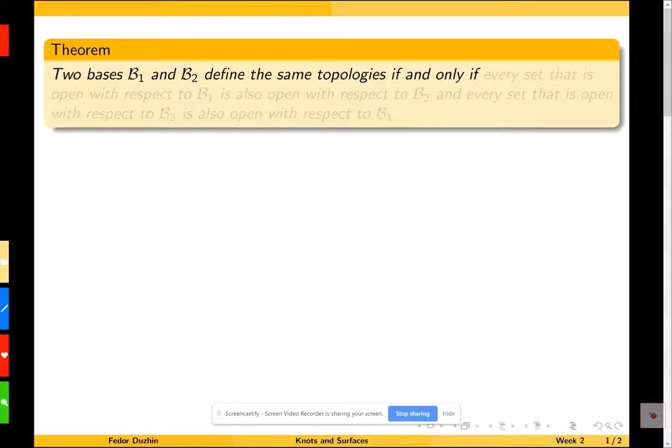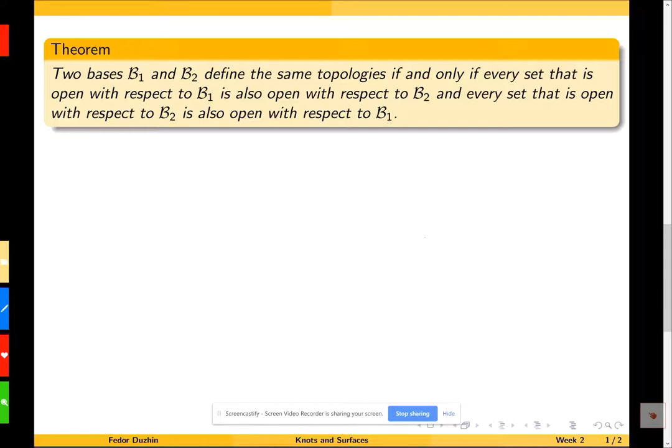And one of possible methods to define a topology is to construct a topology from a basis. But then two different bases could happen to define the same topology. And the theorem says that two bases define the same topologies on some set if and only if every set that is open with respect to B1 is going to be open with respect to B2 and vice versa, right?